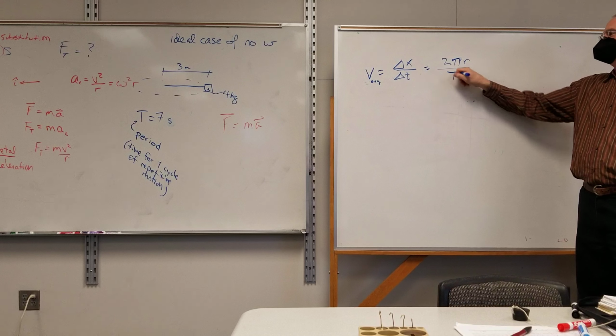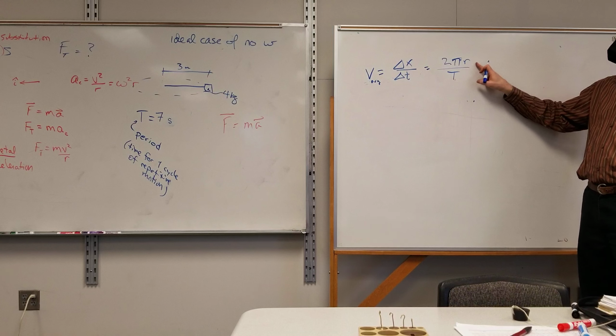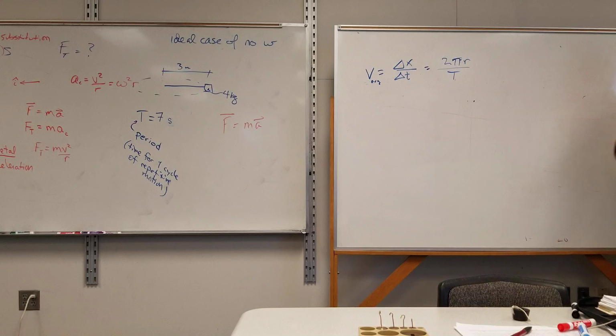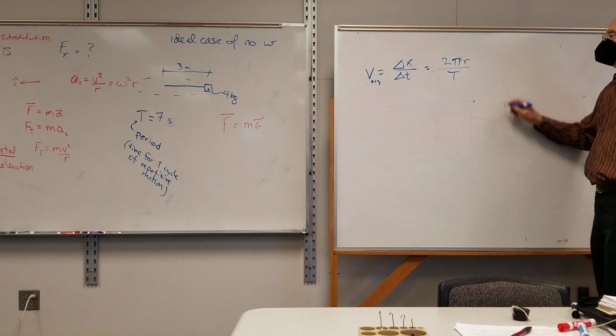2 pi r over the period. So it's the distance it travels in one circle divided by the amount of time it takes to go around one circle.